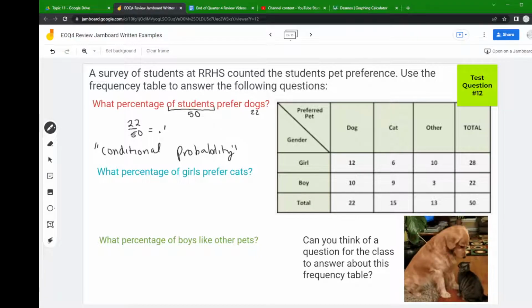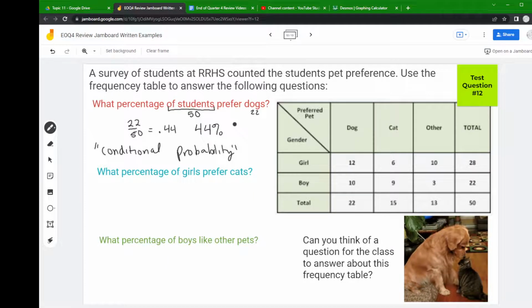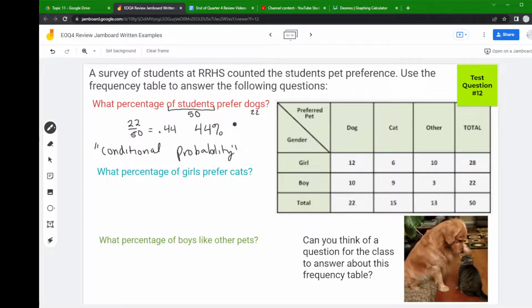That's 0.44, and so that would be a 44% probability. So this is saying that if you were to ask 100 students at random, about 44 of them would answer dogs. Dogs are great. I get it.